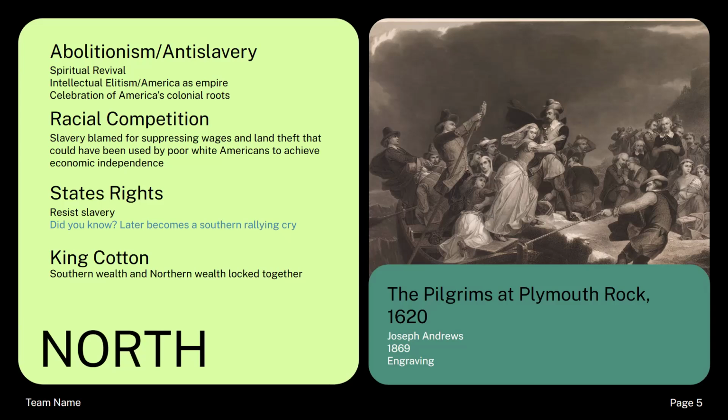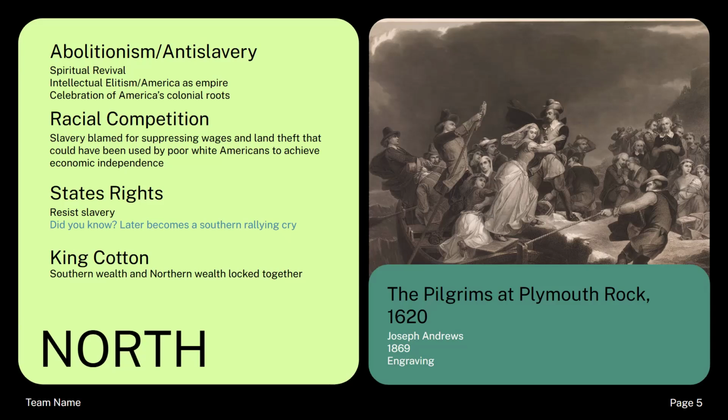You may see paintings or sculpture or architecture that are celebrating this intellectual elitism and are referencing even America's colonial roots, like you see in this one. This is created in 1869, but the title itself is about the Pilgrims of the 1620s.